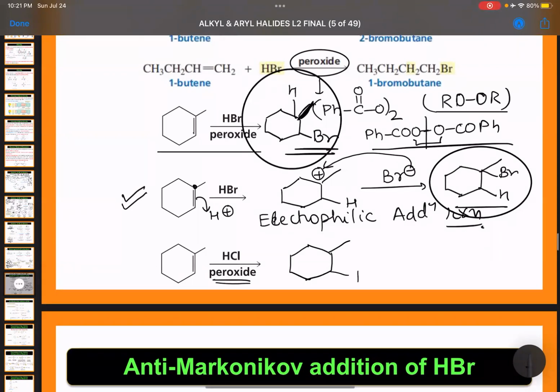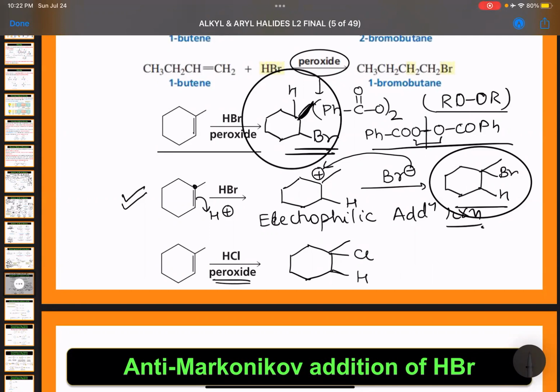HCl is going to join in the way in which it was joining without peroxide, so it is going to be Markovnikov addition only. The presence or absence of peroxide, you can write it in your notes, will not affect the way of addition of HF, HCl and HI. Only HBr addition gets reversed in the presence of peroxide.